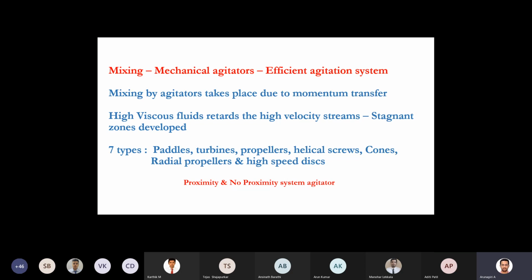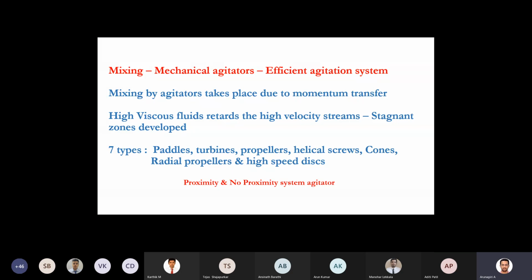Also, when providing a mixer, stirrer, or agitator, sometimes the liquid is highly viscous.